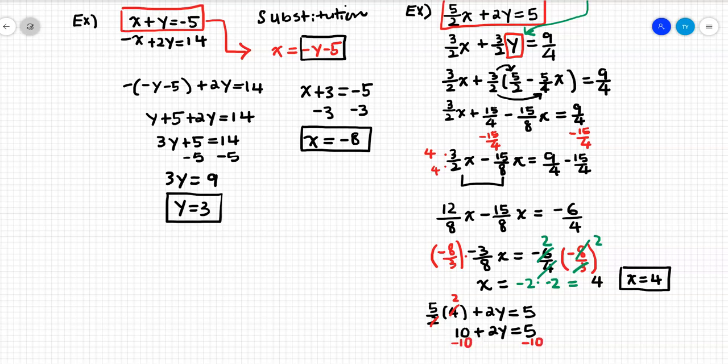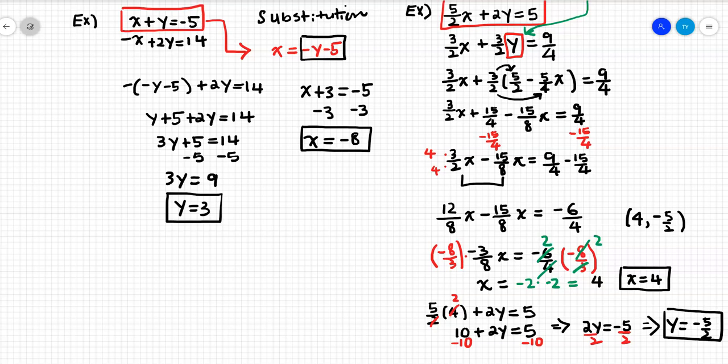And what we have here is 2y equals minus 5. And then we're going to divide by 2 on both sides. So then y equals minus 5 over 2. So your answer is going to be 4 and minus 5 over 2.